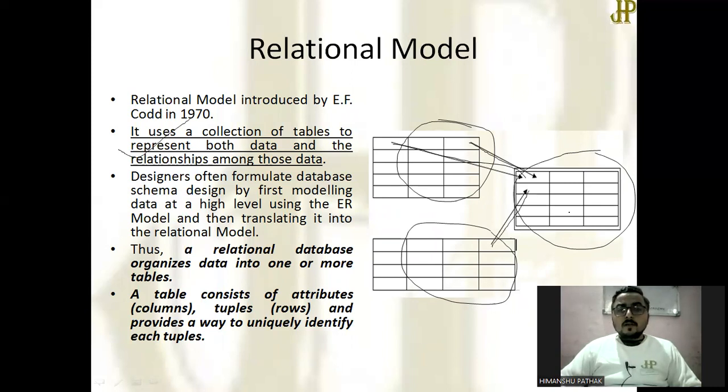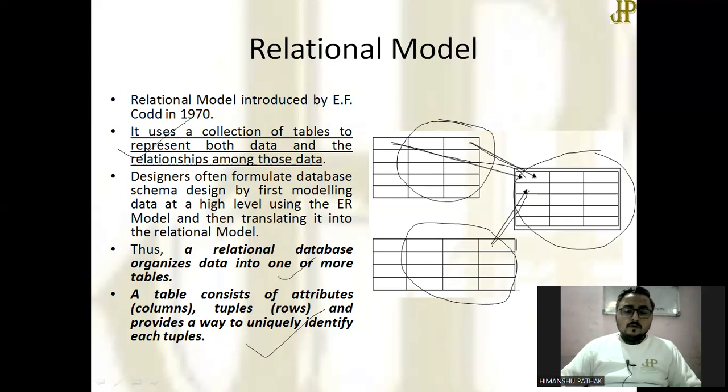This relational model was introduced by E.F. Codd in 1970. Thus, a relational database organizes data into one or more tables. A table consists of attributes, columns, tuples, and provides a way to uniquely identify each tuple. Tuple means record. Okay.